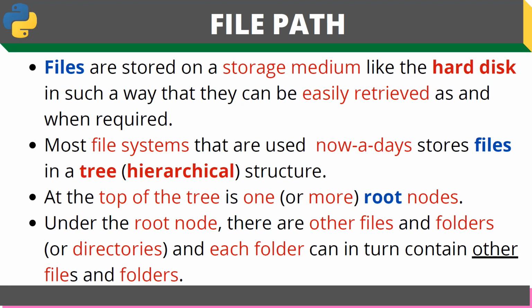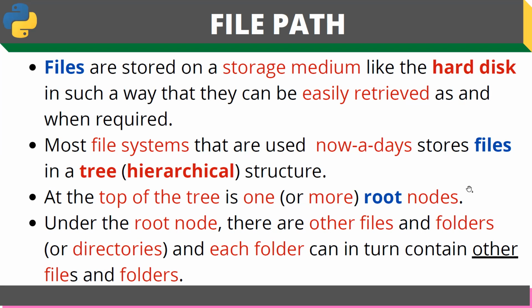Coming to the file path, files are stored on a storage medium like the hard disk in such a way that they can be easily retrieved as and when required. Most file systems that are used nowadays store files in a tree structure or hierarchical structure. At the top of the tree is one root node or more root nodes.